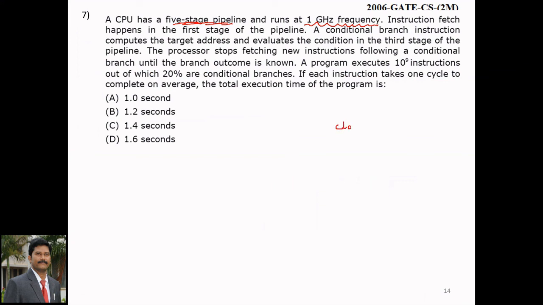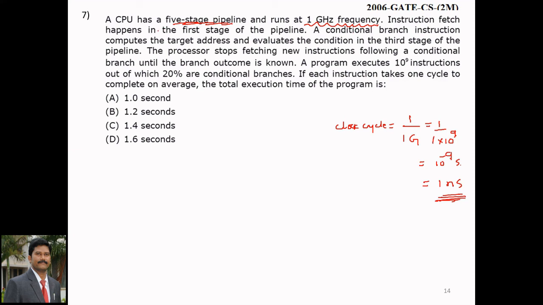How much time will 1 clock cycle take? 1 by 1 giga. 1 giga means 1 into 10 power 9, so that is 10 power minus 9 seconds, that is 1 nanosecond. That is the information: 1 clock cycle is 1 nanosecond.